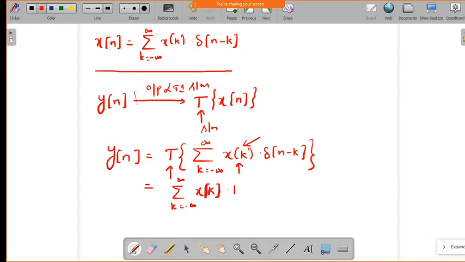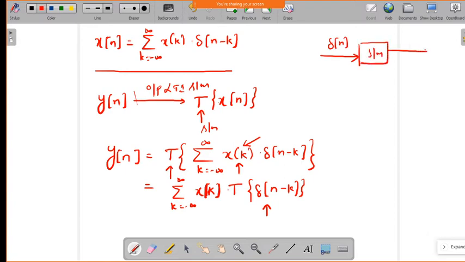Now if I apply the system response for it, these are only the time shifted impulses. As I told already, if I apply an impulse signal, the system response will be called the impulse response, which will be denoted as h of n. So now this is the impulse response.